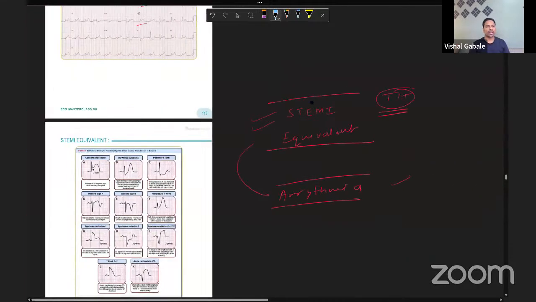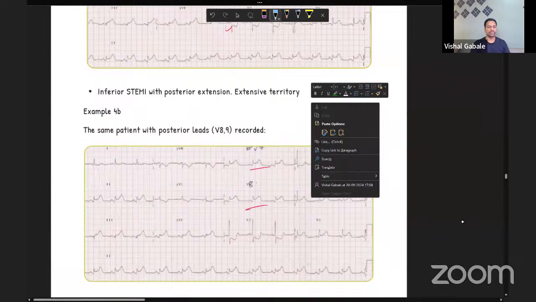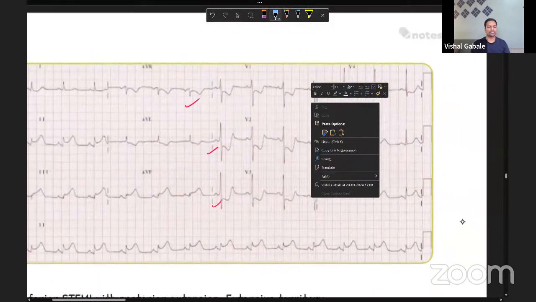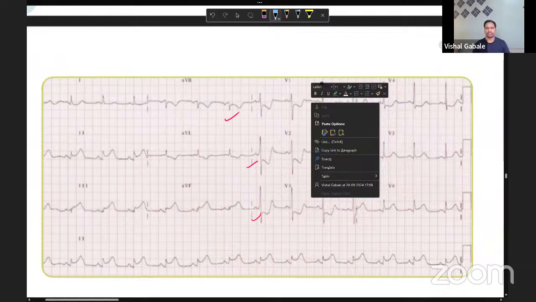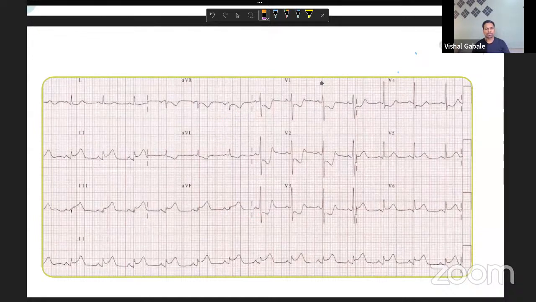Let's quickly see those ECGs. Can anybody tell me the diagnosis of this one? Is the screen okay now?